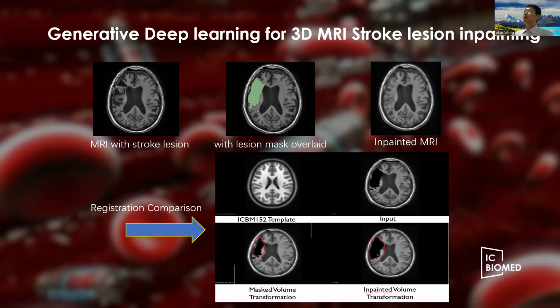But the real-world problem is that for those patients with significant lesion occupation, the registration from the patient data to the standard brain template atlas may not be accurate, because there is no corresponding lesion in the template. So the registration could be very challenging, especially the non-rigid registration.